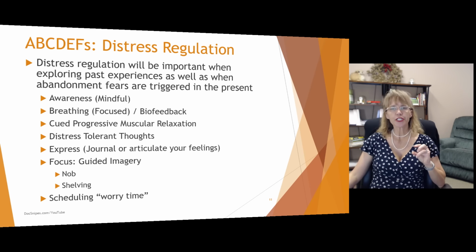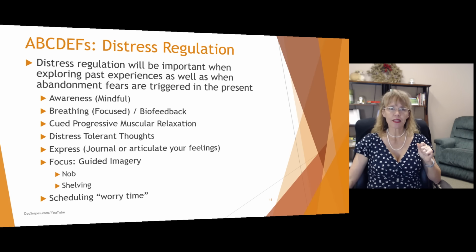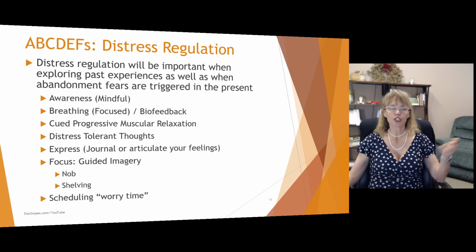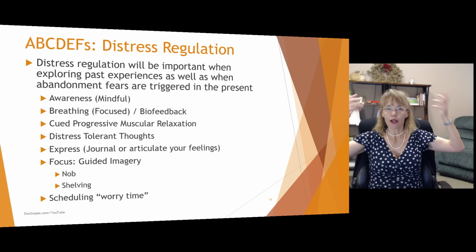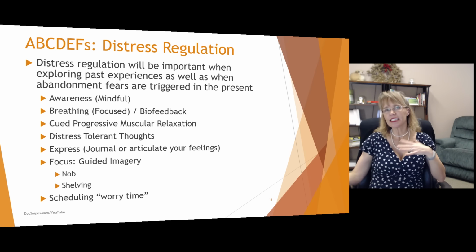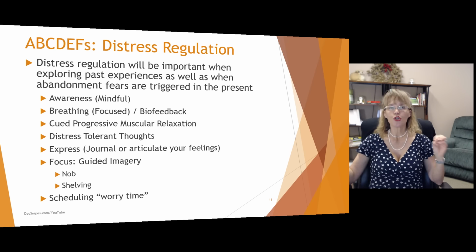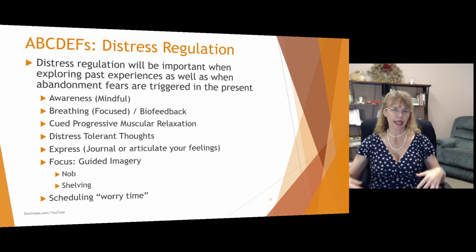Cued progressive muscular relaxation is something that you can learn to do, and it involves starting from the head and working all the way down, tensing and releasing each muscle, noticing the difference between tense and relaxed, and basically it's a whole body scan.